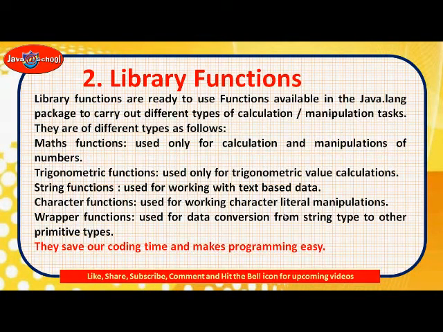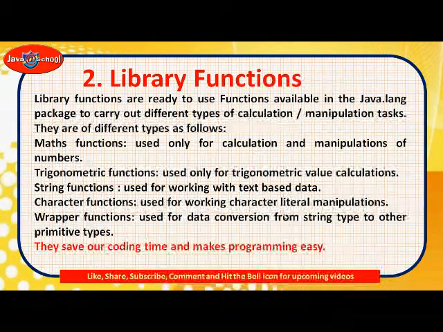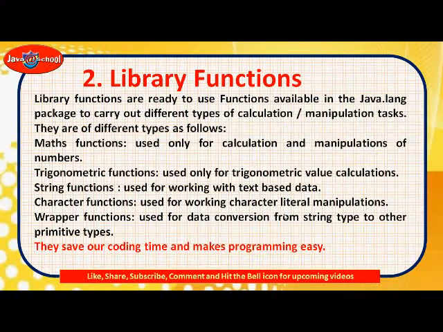Then there are string functions for handling or manipulating text-based data. Next, character functions used for working with character literals and manipulation of character literals. And then there are wrapper functions, which are meant for converting a string data type into other types.